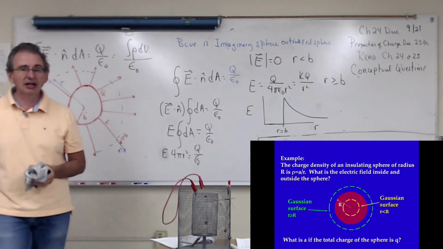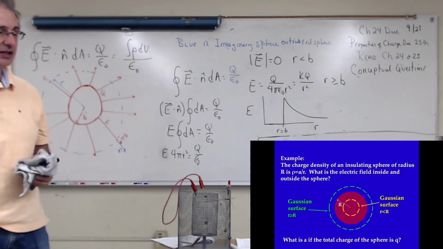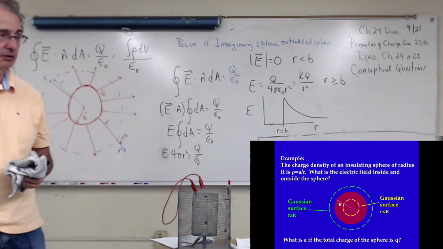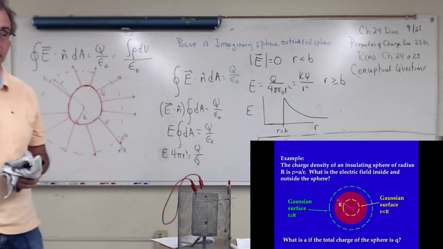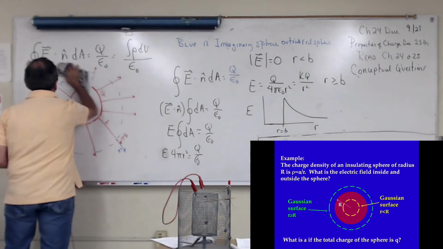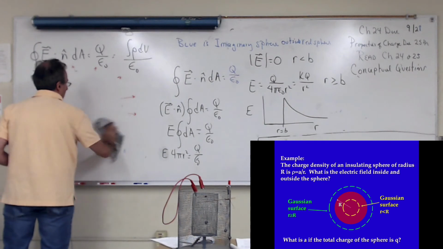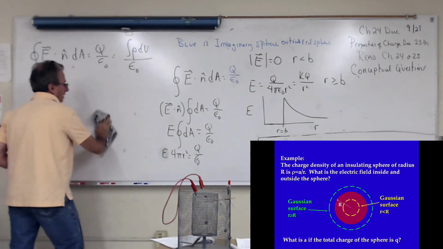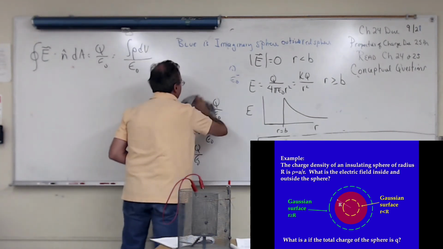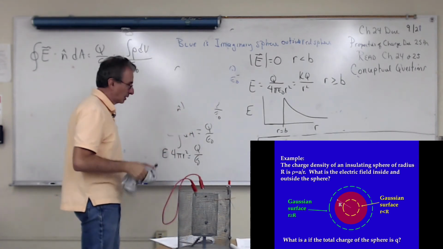Now let's do a solid sphere. I want to do the solid sphere inside and out. This one's going to be a little more work. But this is going to have the same symmetry as the previous problem, so I'm going to choose spheres.